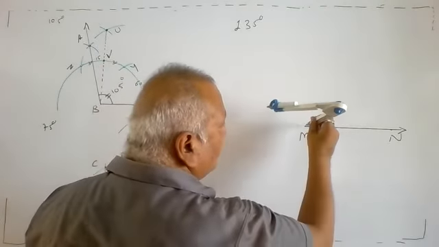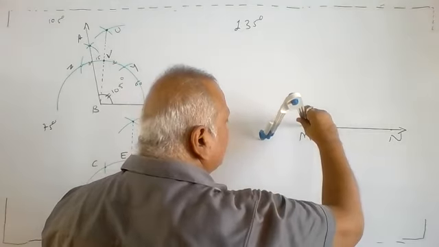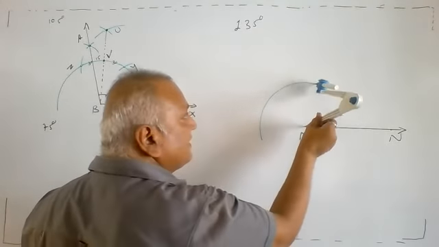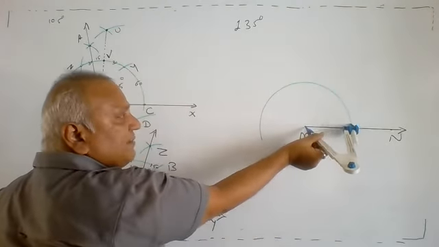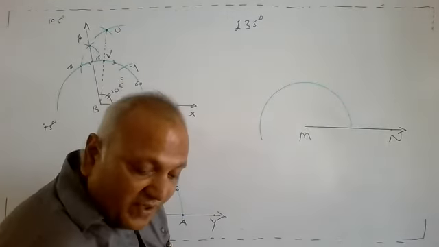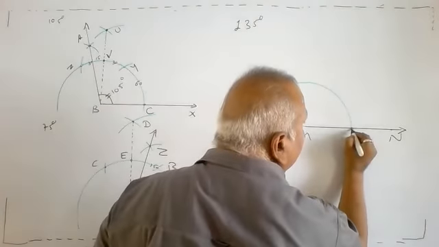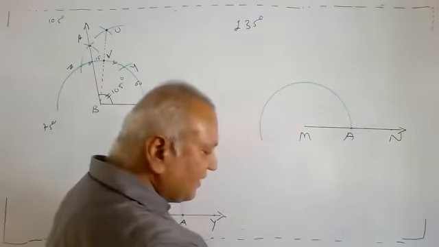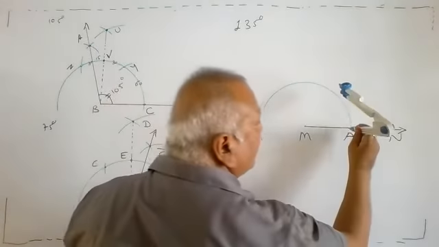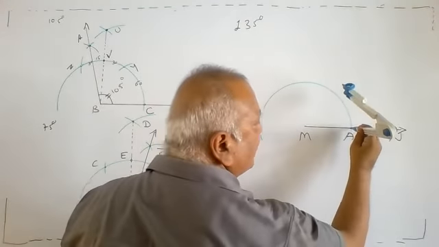Where the semicircle arc meets the line, it is first point A. Mind well, the measurement must not be changed.